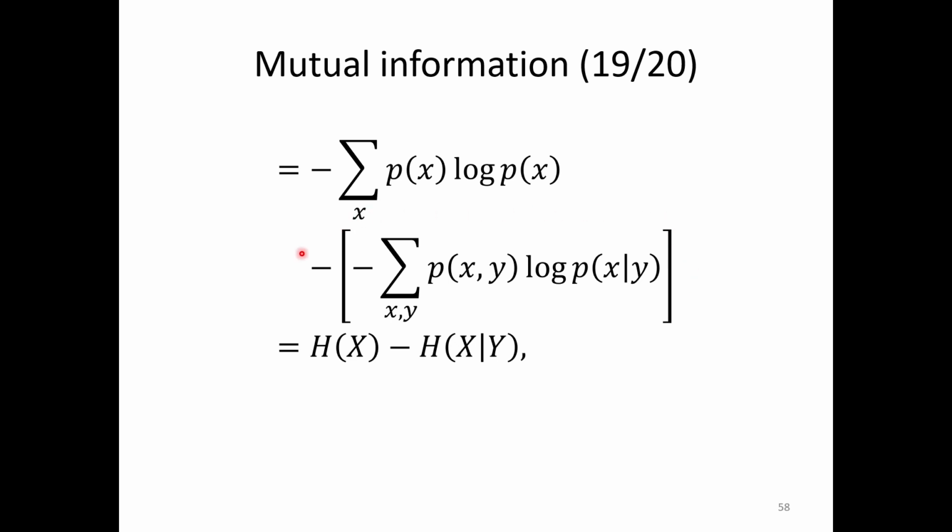We can see that the first line is H(X), that is the entropy, and the second line is equal to minus H(X given Y).